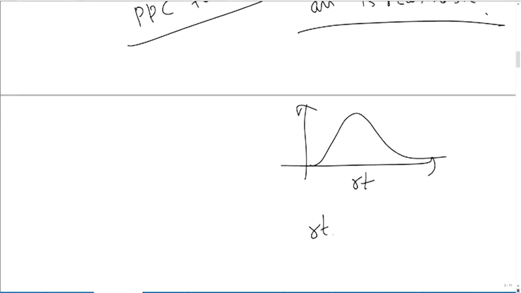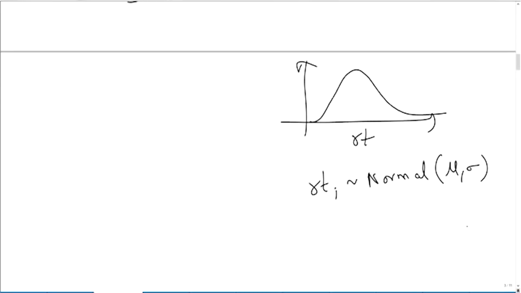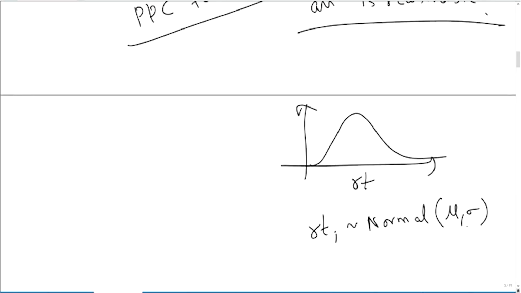Let us say the response time in the ith trial comes from... One typical assumption people have made in the field is that RT_i comes from a normal distribution with parameters mu and sigma. Now, this is the likelihood assumption.